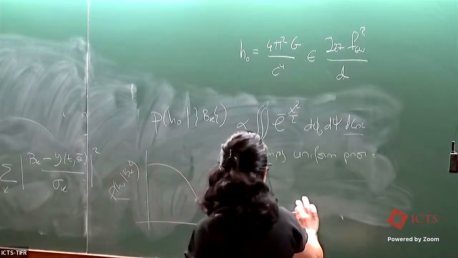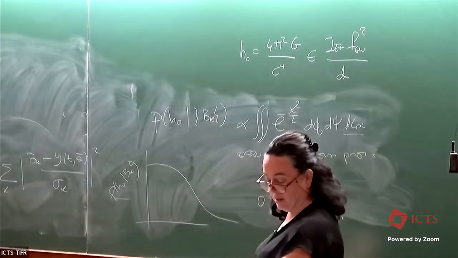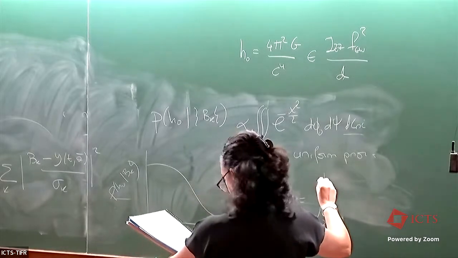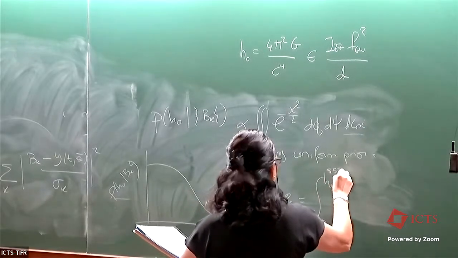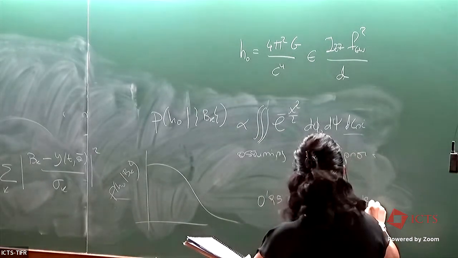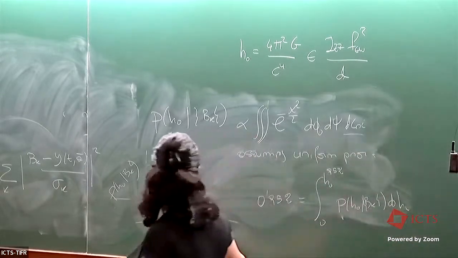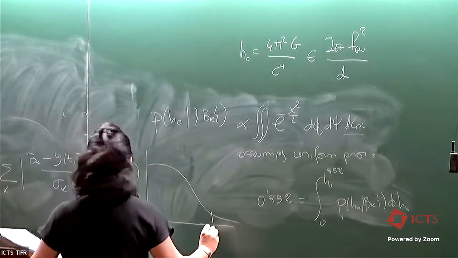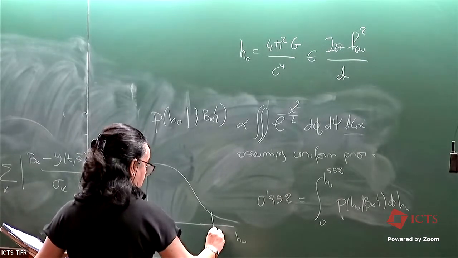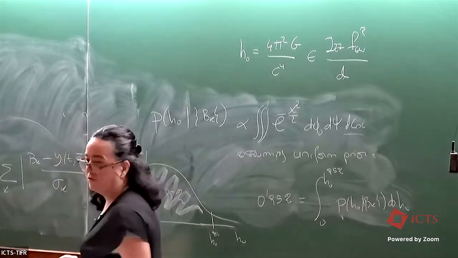And there, if I am interested in computing the 95% upper limit, then this is going to be the value such that the integral gives 95%. So for example, this would be the upper limit, the one that gives me the area of 95%.